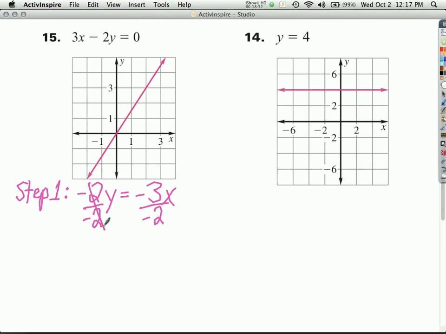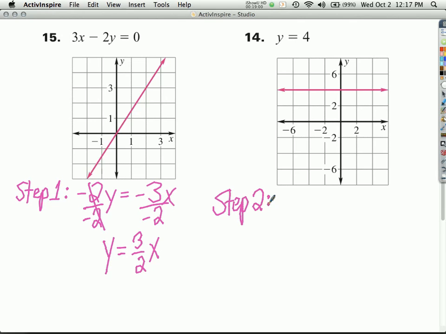Again, maybe the 0 is throwing you off or something. But we end up with y equals 3/2 x.